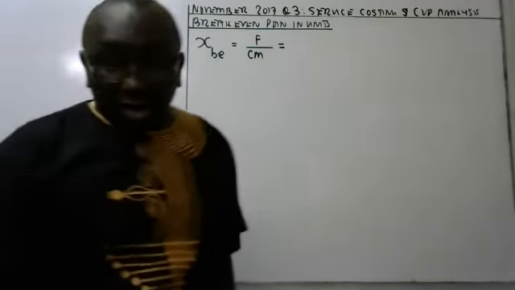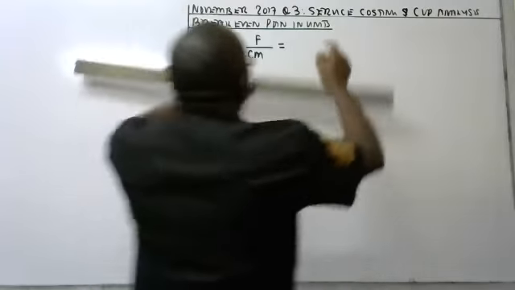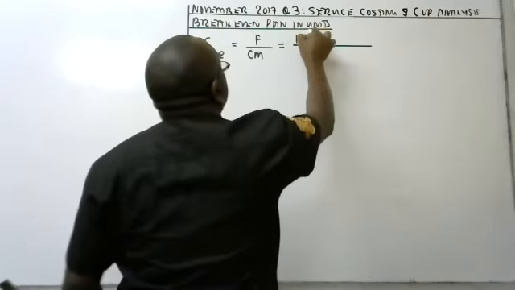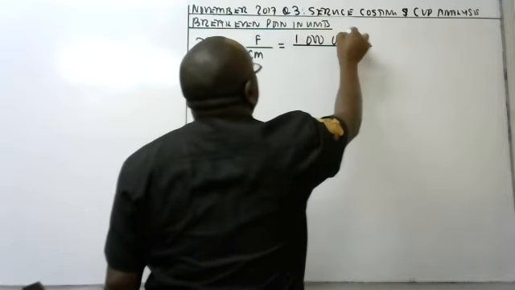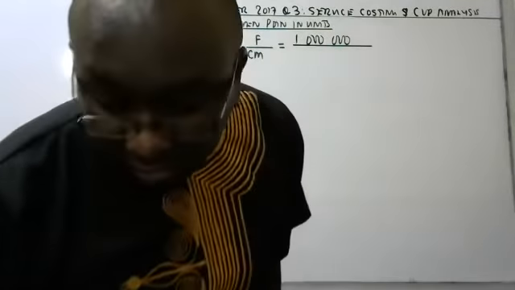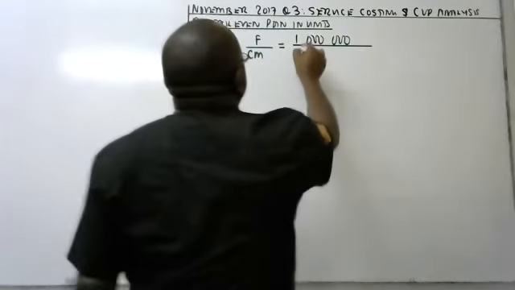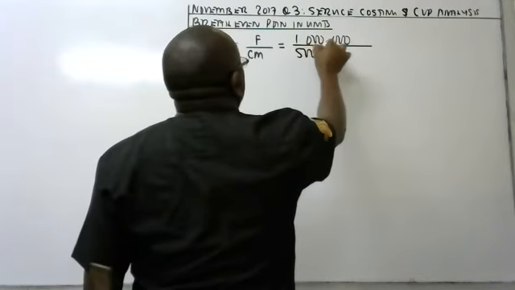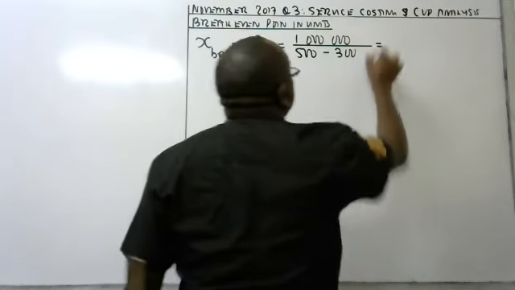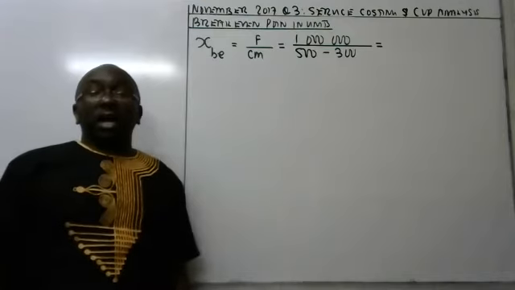And the fixed cost, we are told it is 1 million. And the contribution margin we know is the selling price, which is 500, minus the variable cost, which is 300.